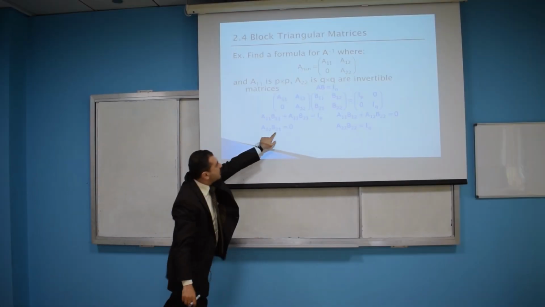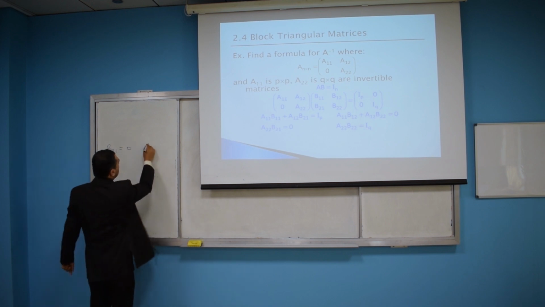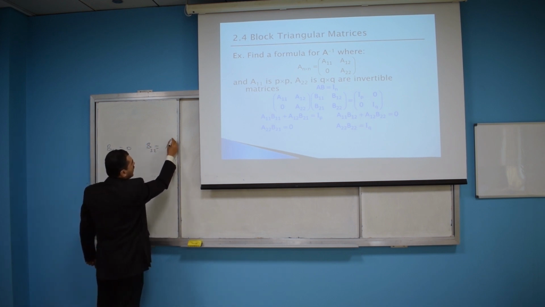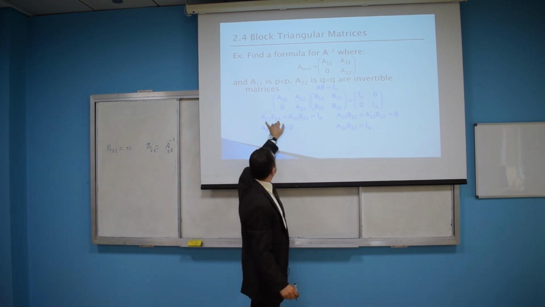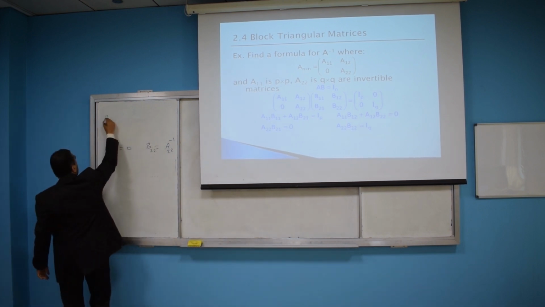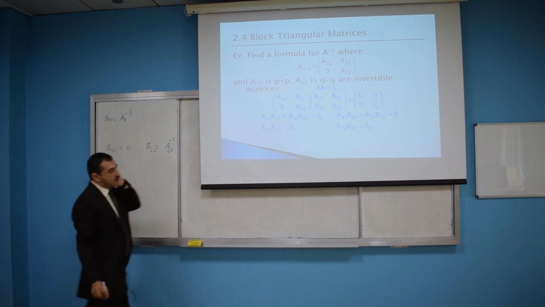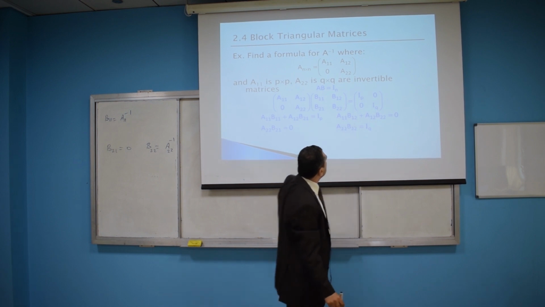So here we have B21 equal to 0. And B22 is the inverse of A22. And from this guy, B11 is the inverse of A11. So the remaining block is this guy, B12.